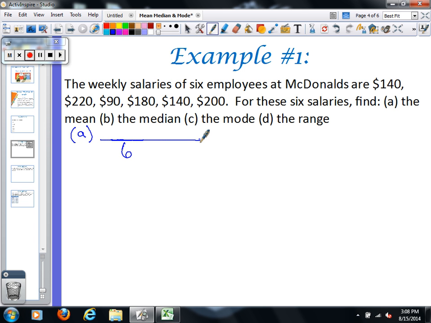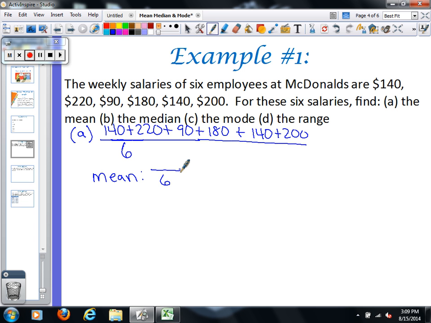Now I'm going to add up all of these numbers together: 140 plus 220 plus 90 plus 180 plus 140 plus 200. And I'm going to divide that by 6. You may use a calculator to get a mean of something over 6.